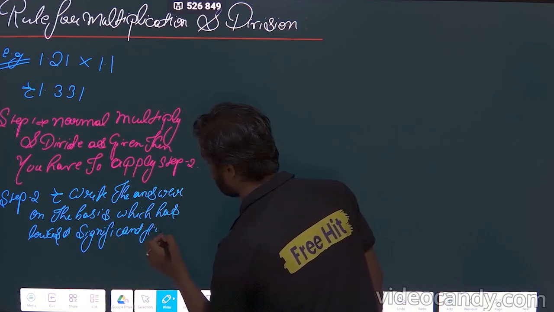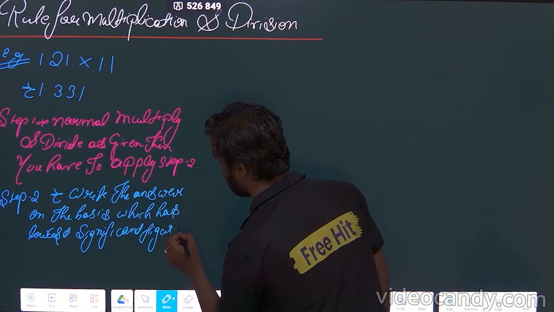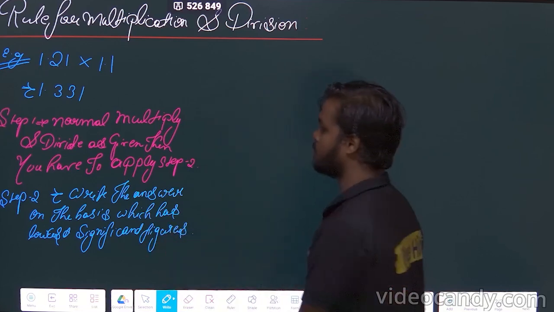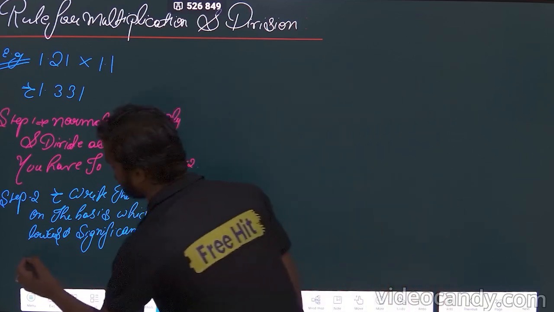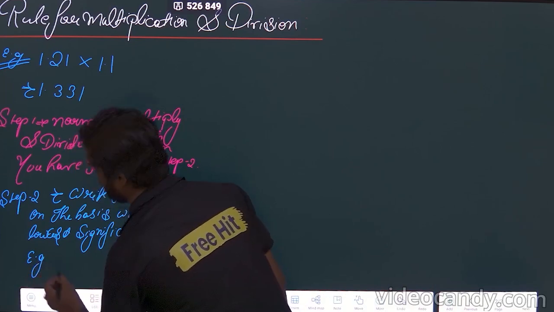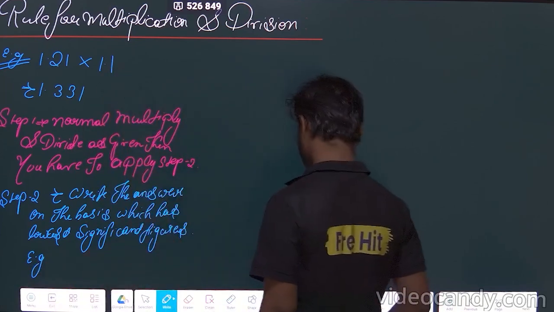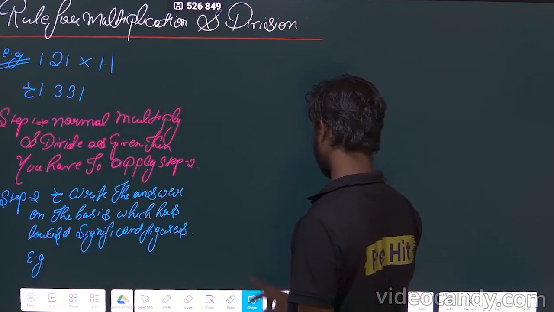So here, what will be my answer? You tell me. You can see which has the lowest significant figure.